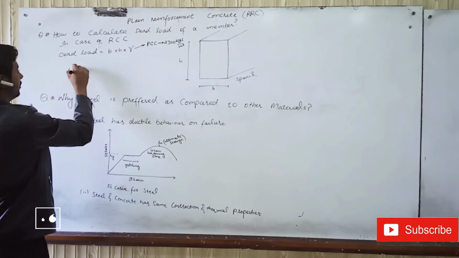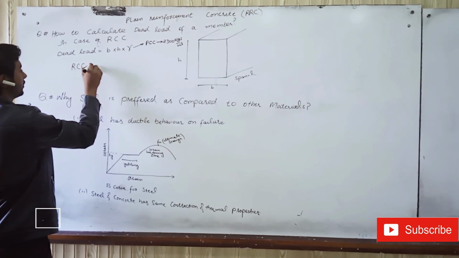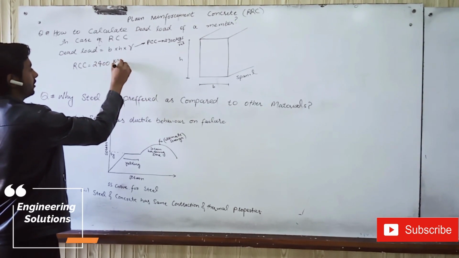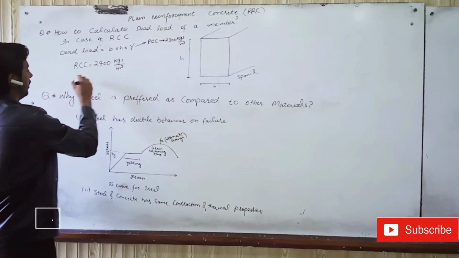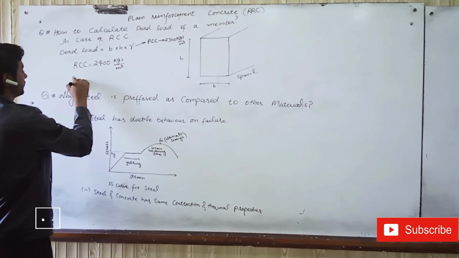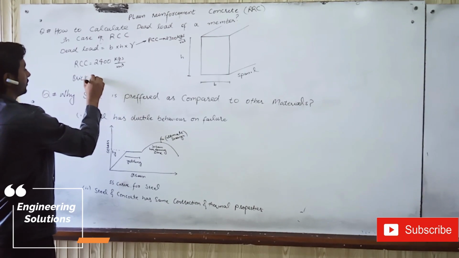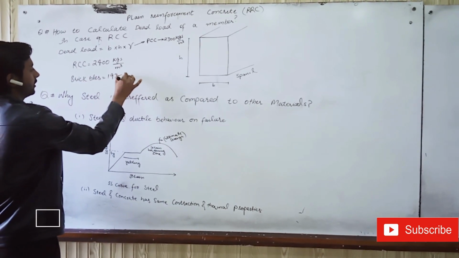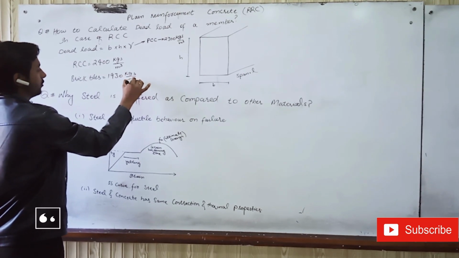For RCC it is 2400 kgs per meter cube. For brick tiles it is 1930 kgs per meter cube.